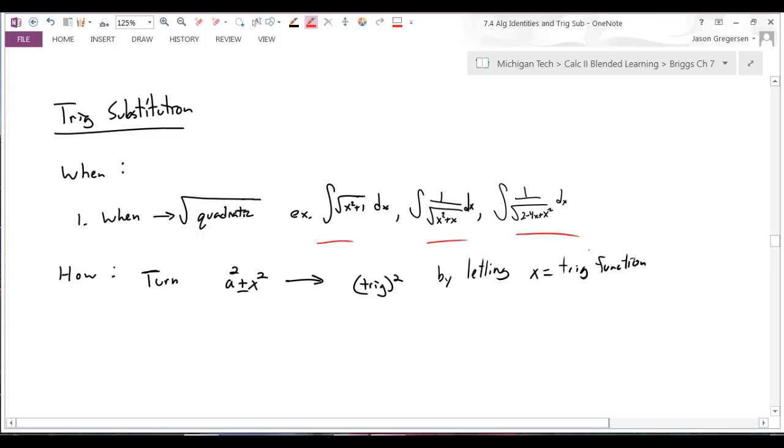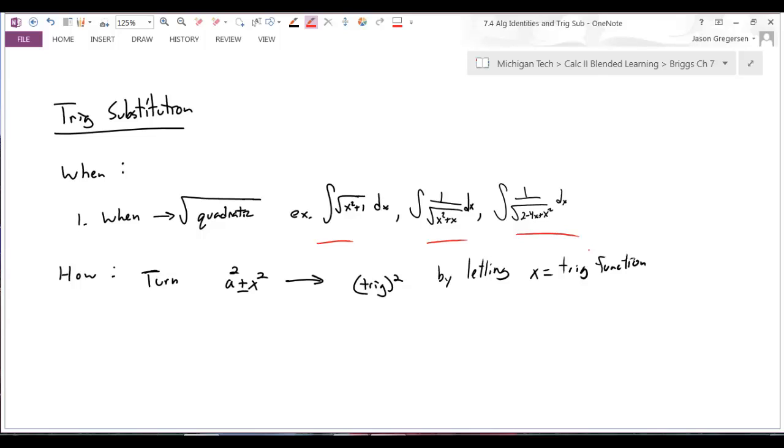And there's going to be a mechanical process that we're going to follow. But as with all these techniques, it's almost more important if you understand the concept behind the mechanics. What's the goal? What are we trying to do with the mechanical process? In this process, our goal is to turn this thing, number squared plus x squared, or number squared minus x squared, into just one thing squared.